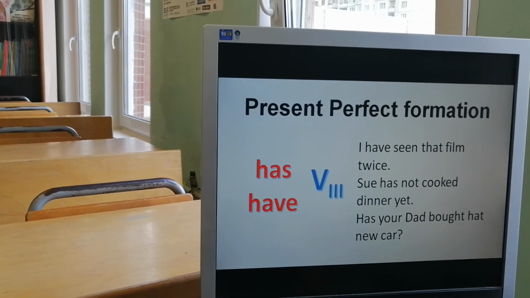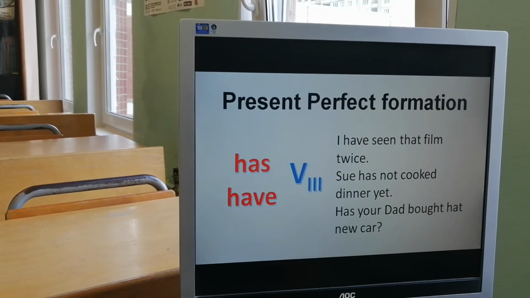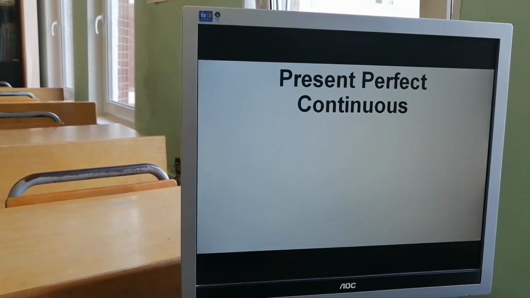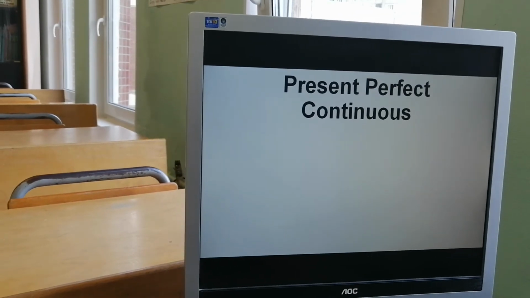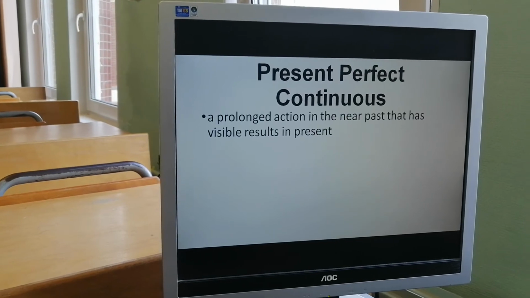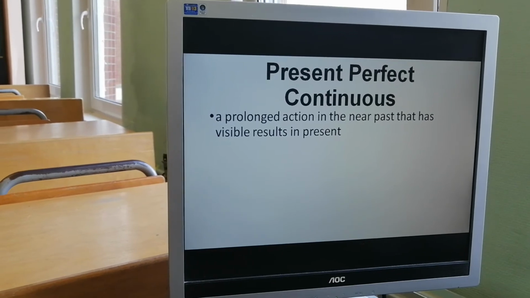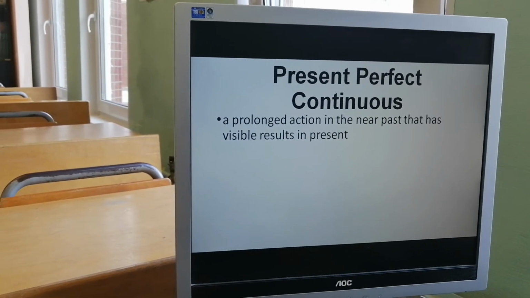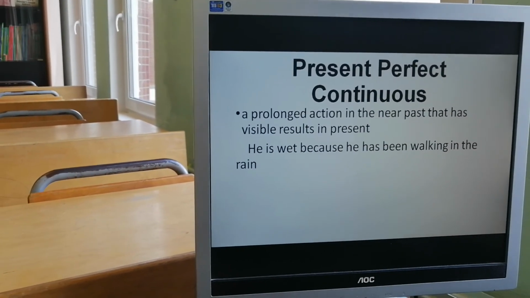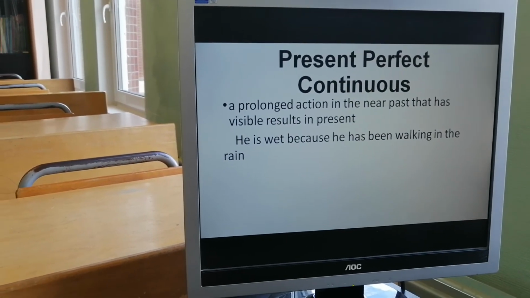So, I hope everything concerning present perfect is clear for you now. And let's move on to the present perfect continuous. It sounds scary, but it's not that really. So, when do we use it? We use it to describe a prolonged action in the near past that has visible results in present. Like he comes home and he is wet because he has been walking in the rain.